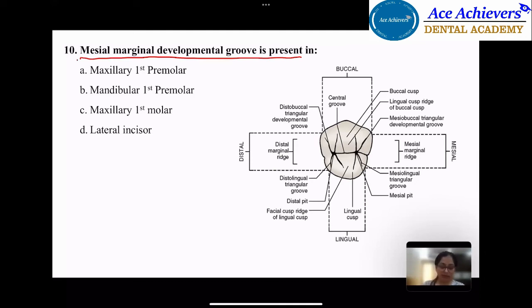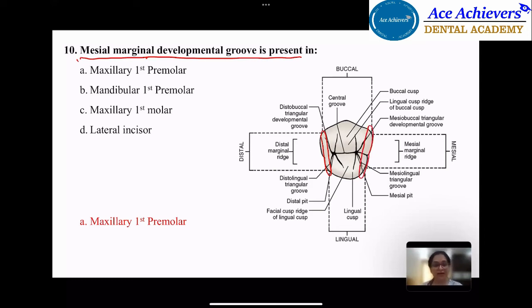A groove is a depression. So when we say the mesial marginal developmental groove is present in, the correct answer here is the maxillary first premolar. As you can see in the occlusal anatomy of the maxillary first premolar, this is the distal marginal ridge, and this is the mesial marginal ridge.